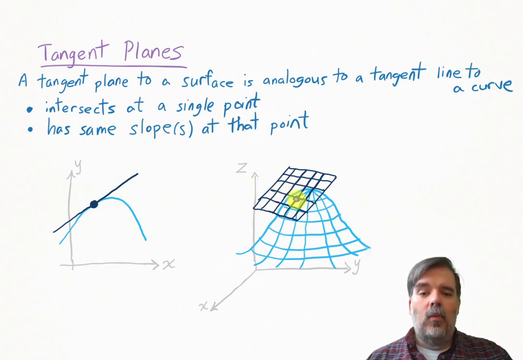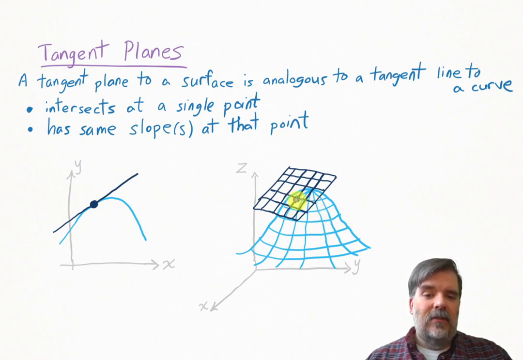There's exactly one tangent plane to this surface at a given point. And a tangent plane has the same properties as a tangent line to a curve, in that it only intersects the surface at a single point, and it has the same slope, or in this case, slopes, in each direction at that point as the surface does.